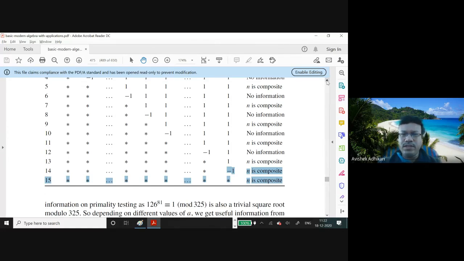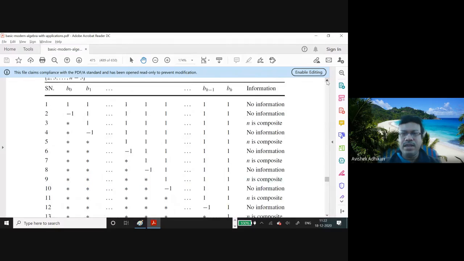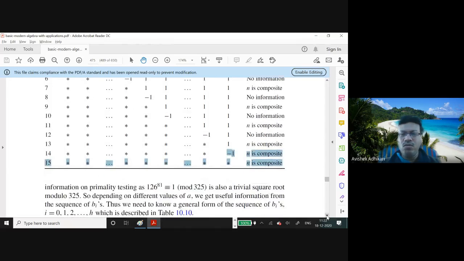So what is this? a to the power n minus 1. If that is not equal to 1, then what may happen? That may be 0. If that is 0, we cannot say anything. So what I am talking about, either this is minus 1 or star, then your conclusion will be the number is composite. Why is this so?